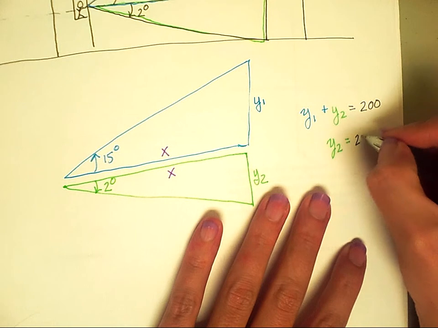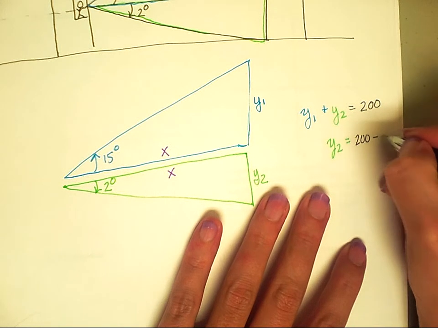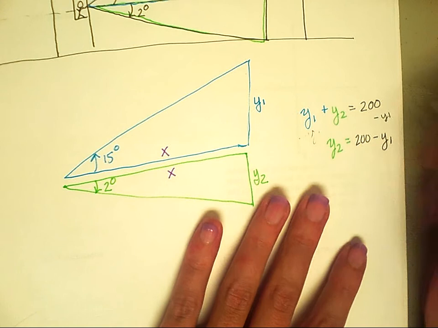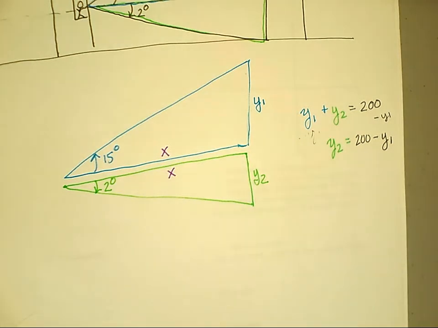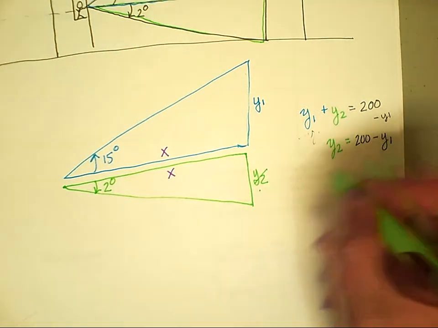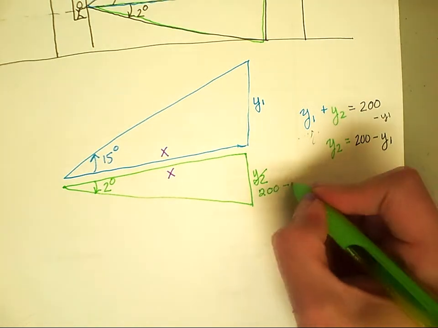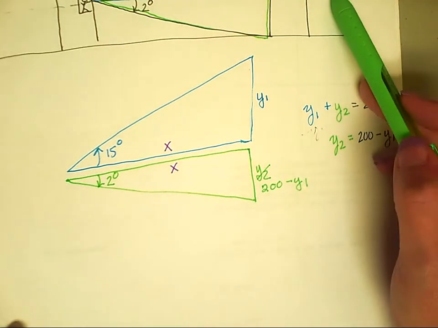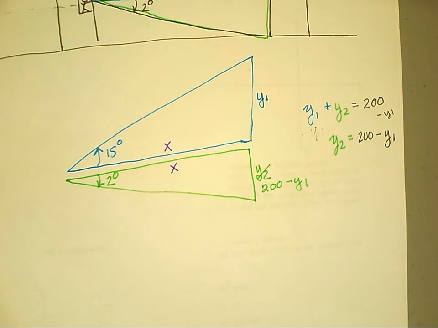We know that y2 is 200 minus y1, if I subtract y1 from both sides. So maybe just to get rid of an extra variable, we'll call this 200 minus y1. Because if we add these together, they need to equal 200. Okay.